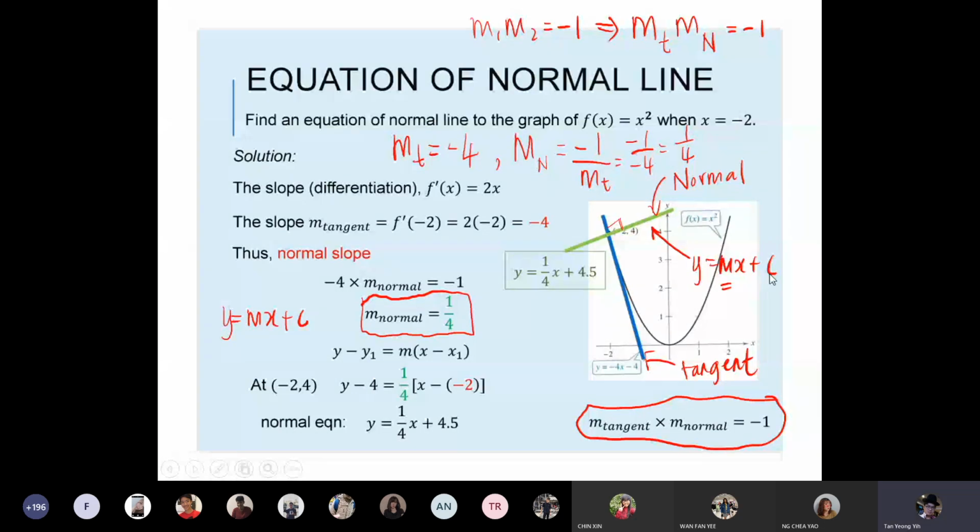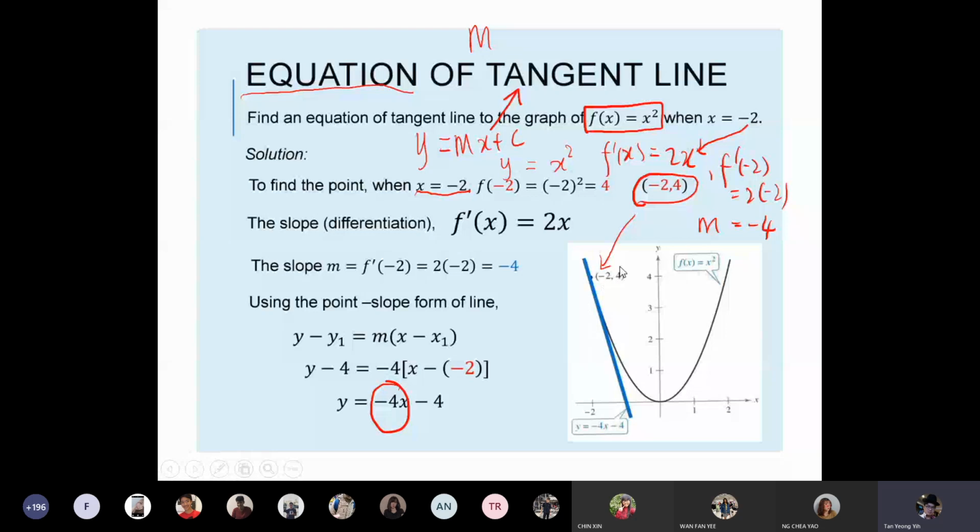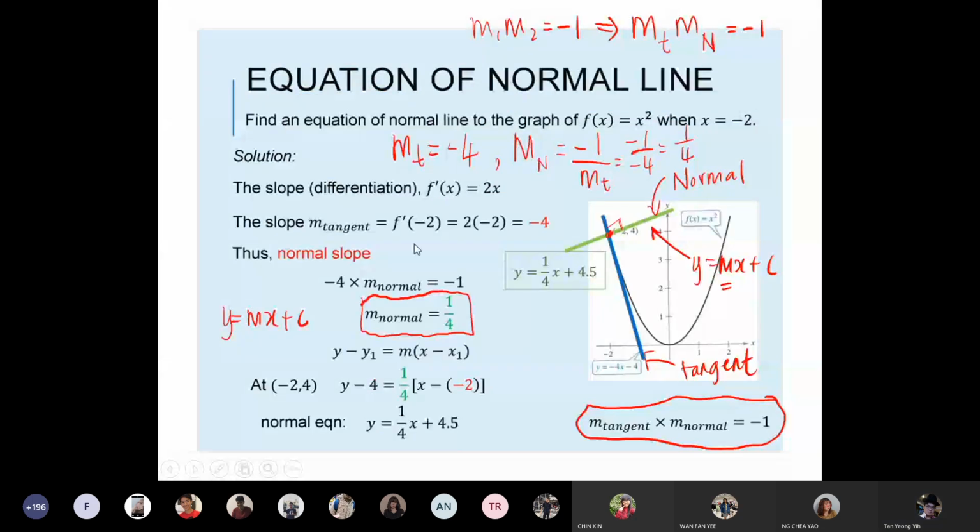To find the c, we need one point. Do you think we have a point? Yes, we do. The same point as before: -2 and 4.